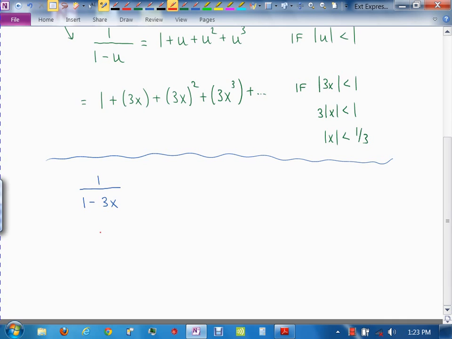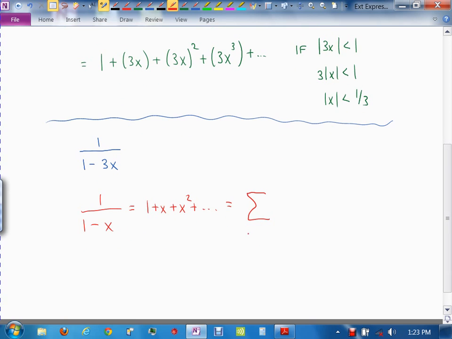And below it, I'll write down in red what we know. 1 over 1 minus x equals 1 plus x plus x squared forever, right? But what was that written as a sum using the sigma? Sum n equals 0 to infinity of x to the n, right?